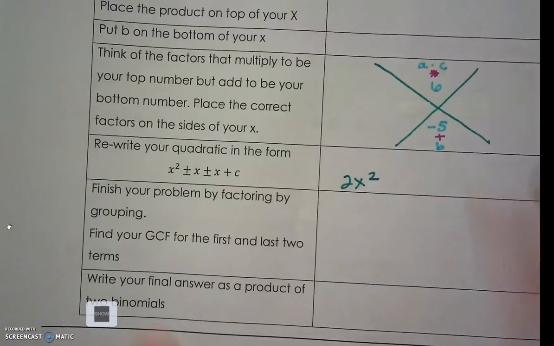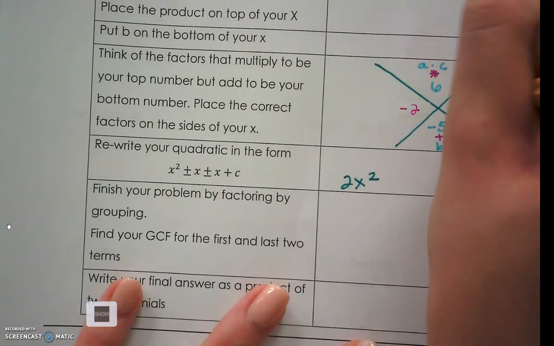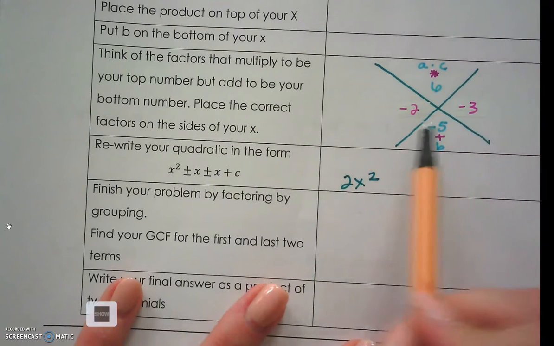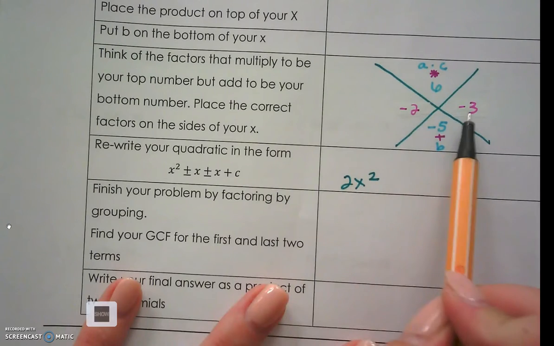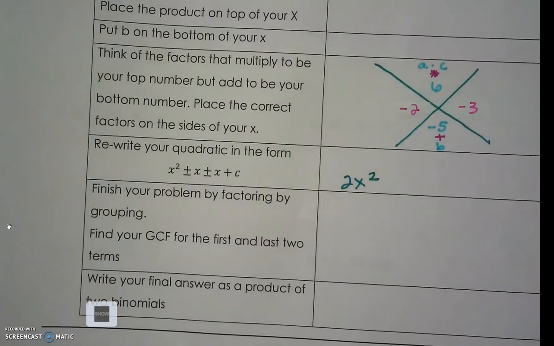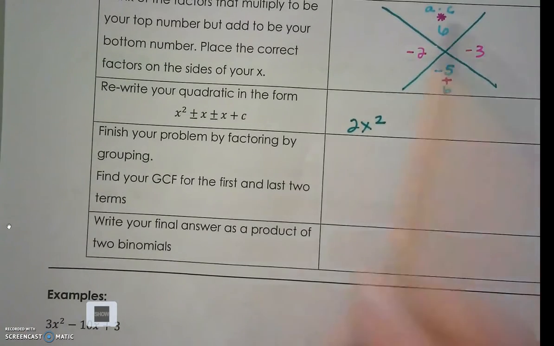So we're going to think of the factors -2 and -3. A negative and a negative stays negative when we add. A negative times a negative is a positive when we multiply. We do this X method to help factor. We're going to rewrite our quadratic equation based on this X method.